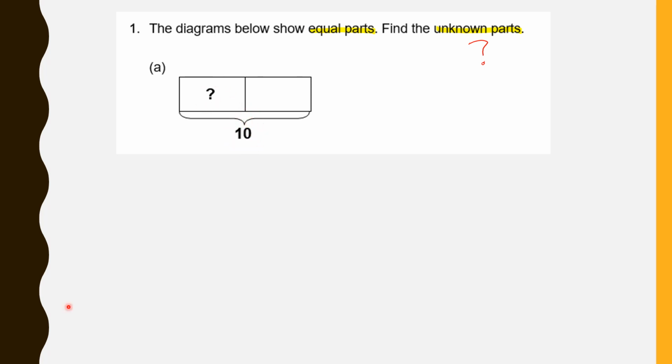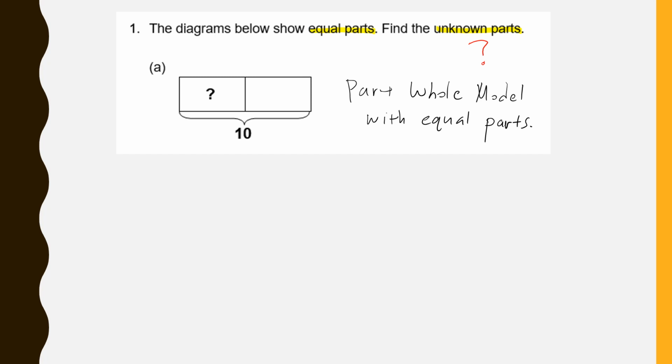Actually, this question is a part whole model, and I write this down. It's a part whole model with equal parts. That means both parts in the part whole model are of equal length, equal quantity.